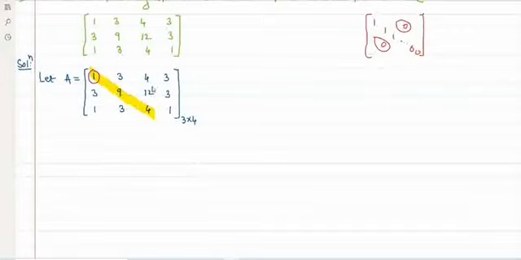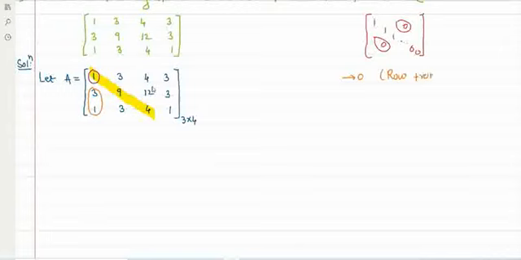Now for our example, the A11 element is 1. Already you have that one. The first target is fulfilled. After that, fix the elements which are below A11. These elements you have to reduce to 0, by applying row transformations.